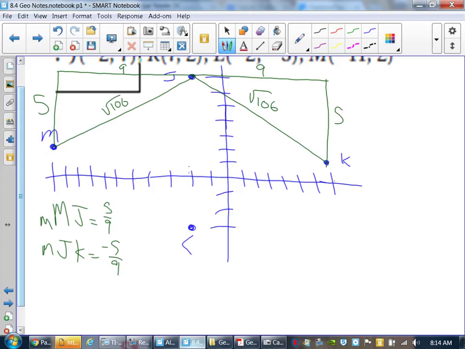So what are we at? We're at 2, and we got to get to -3. So that's another 5, and isn't this back over 9? So here's another root 106, with the slope of up 5 over 9.